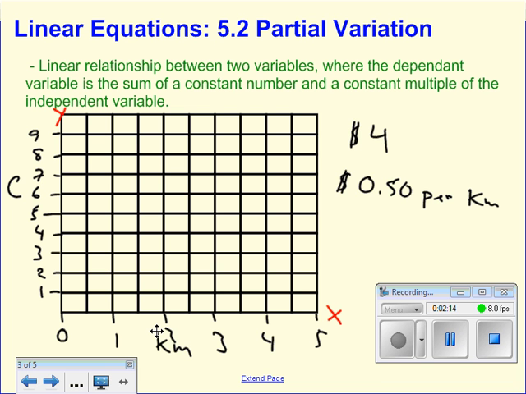So right away, starting off, before I even move 1 inch, it's cost me $4.